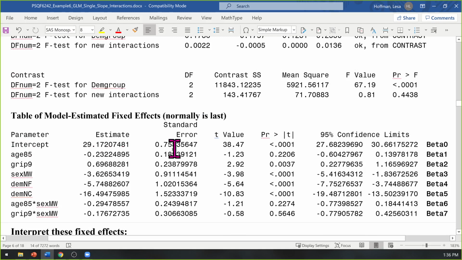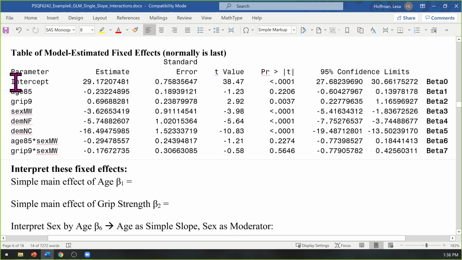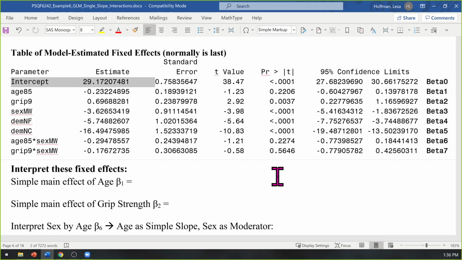So let's talk about what happened then. So intercept. We said last time that it was the predicted cognition for somebody who's 85, can squeeze 9 pounds, is a dude without dementia. Do I have to change anything about that sentence to make it work for this model?